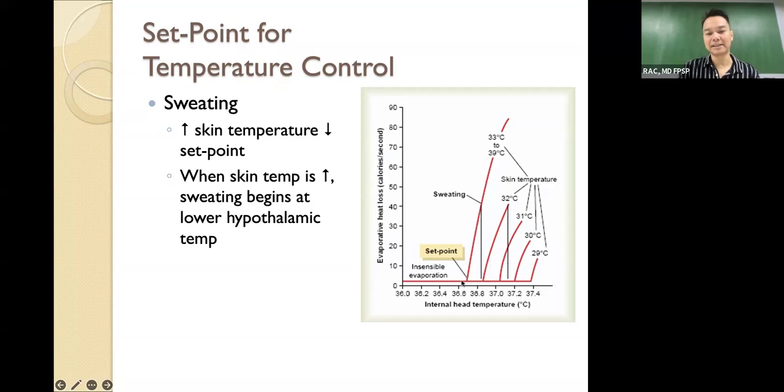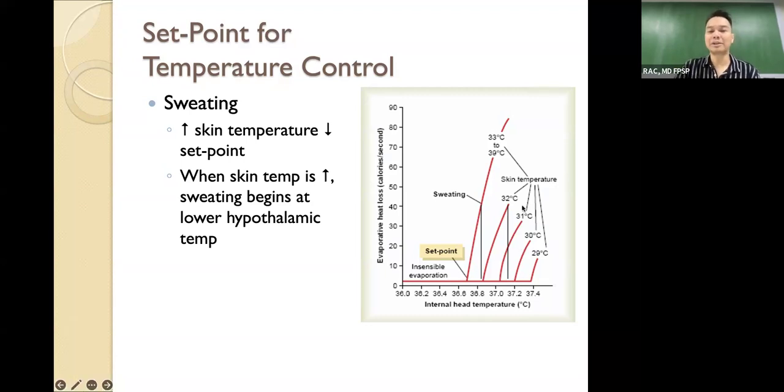The intersection is said to be the set point. So those are the three things that you need to take note of: your skin temperature, the threshold for sweating, and your set point. Now, recall that the set point is being dictated by the hypothalamus.